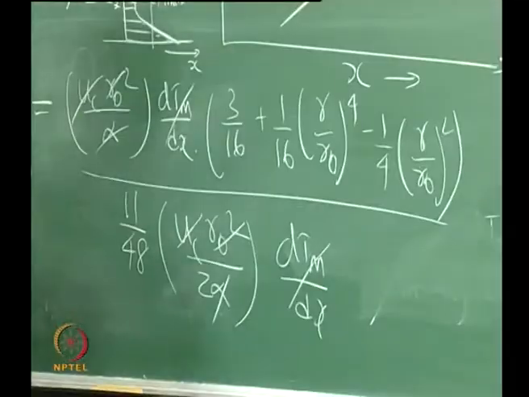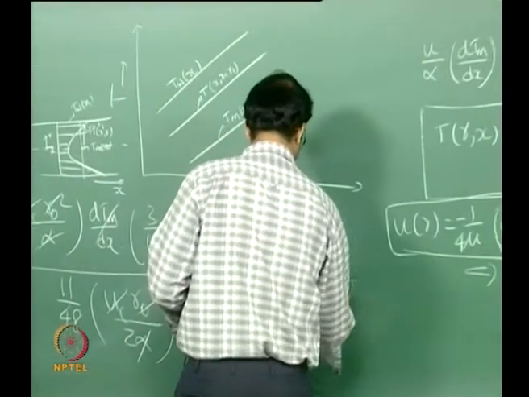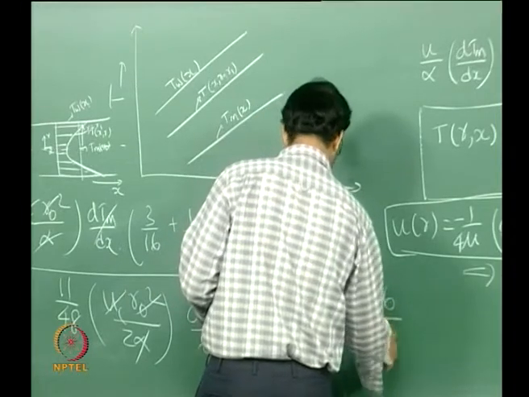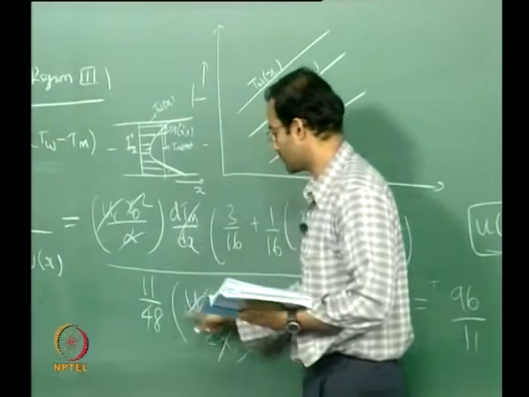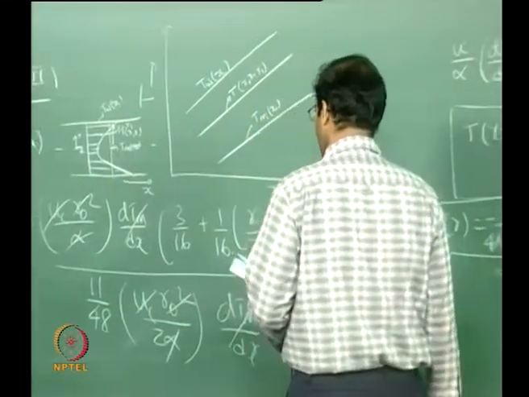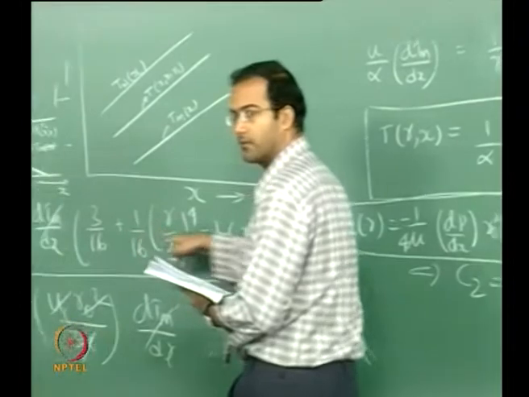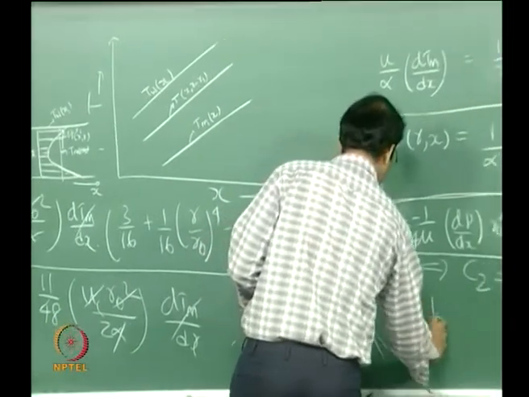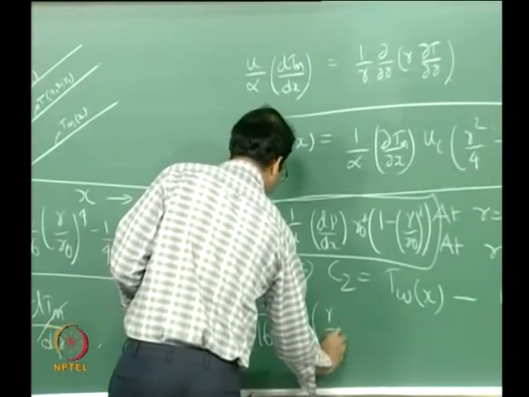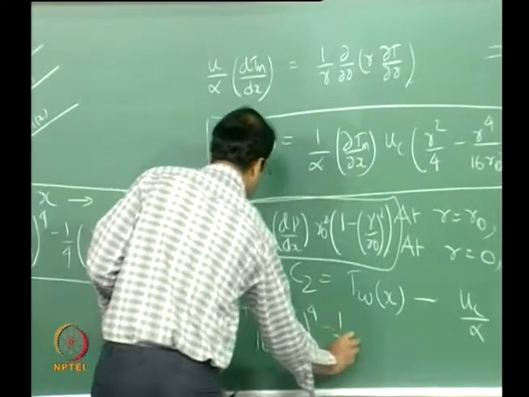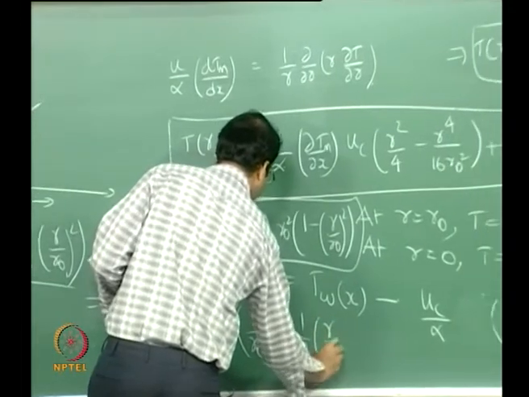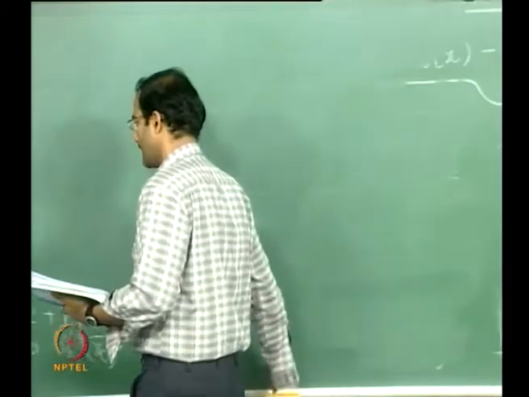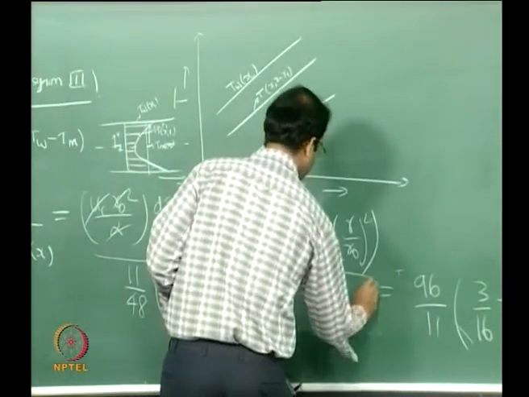This will give you an expression as 96 by 11, because you have 48 into 2, into this entire factor here, 3 by 16 plus 1 by 16 r by r naught to the power 4 minus 1 by 4 r by r naught square. So this is your final expression for theta.